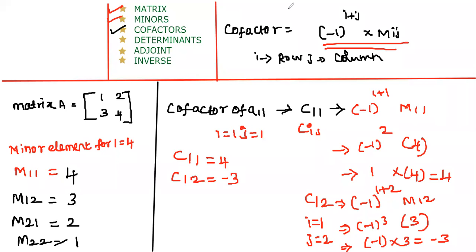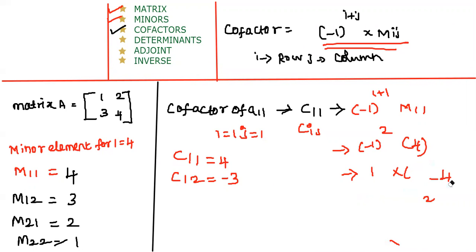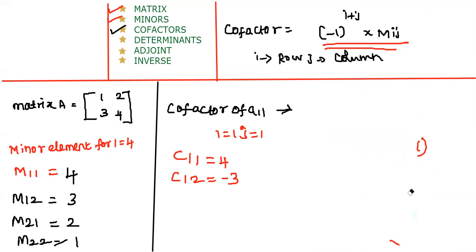And what about C21? Let me erase this, I need some space. The cofactor of A21 is C21, right? So how do I find that? From this, the value of i is equal to 2 and the value of j is 1, because it is in the form of Cij.